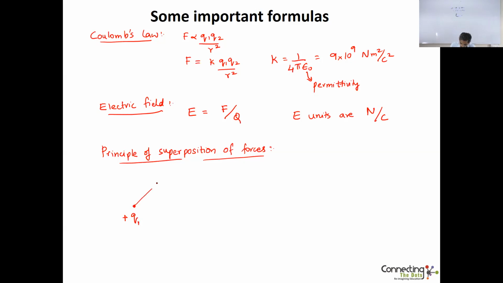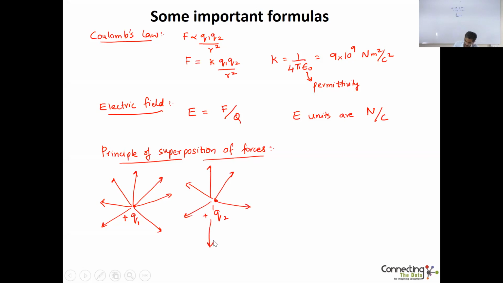The electric field around it is going off in all directions away from the charge. If I have another charge Q2 here, which is plus, then again the electric field moves off in all directions from the charge, and so on.